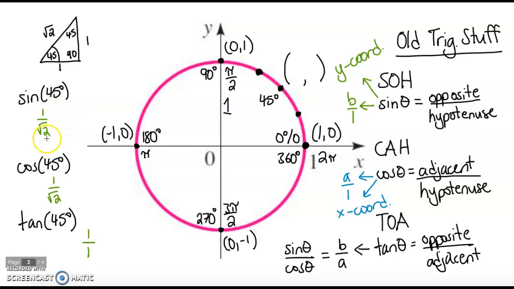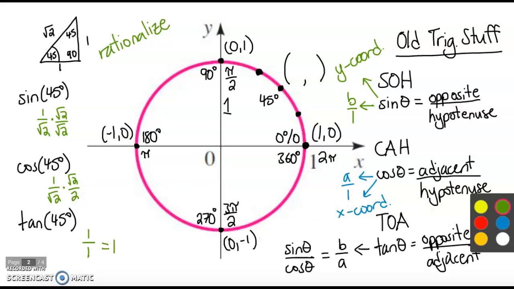Now these can all be simplified. These two problems, sine and cosine, have to get what we call rationalized, which means that we don't like it when there are square roots in the denominator of our answers. And that's why on your unit circle, you'll never see sine of 45 degrees as this. We have to rationalize. And so to do that, you multiply by that square root that's causing problems on the top and the bottom.